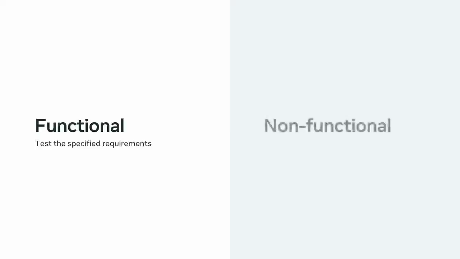Your first decision on testing is whether to use functional testing or non-functional testing. Functional testing deals with testing the functional aspects. Functional testing is responsible for verifying whether a software application meets its specified requirements. Non-functional testing deals with testing non-functional aspects such as performance, reliability, and security.